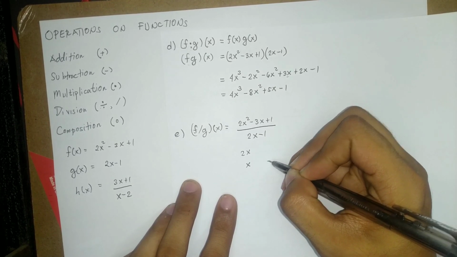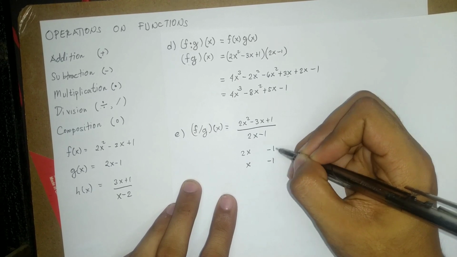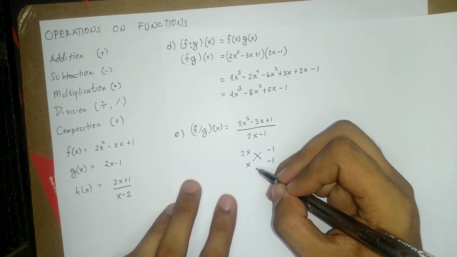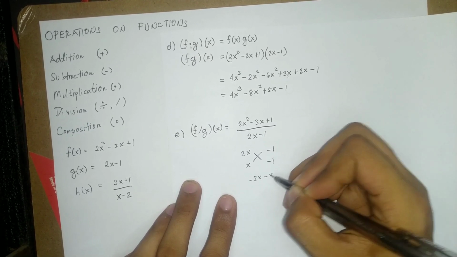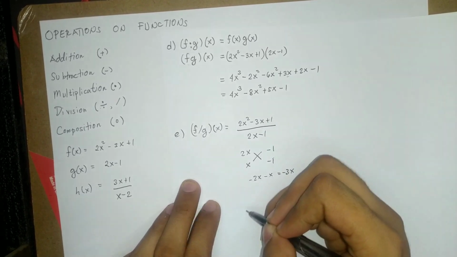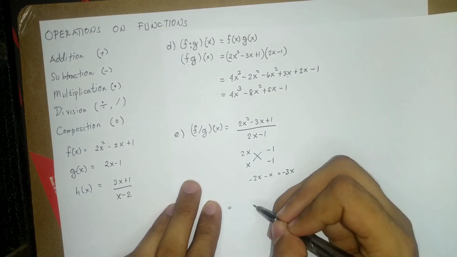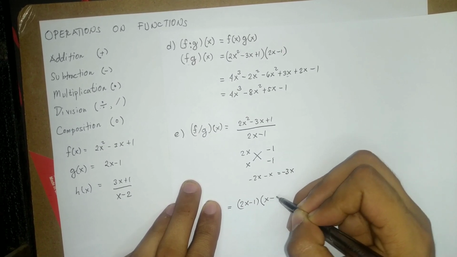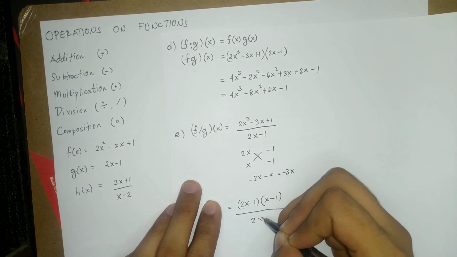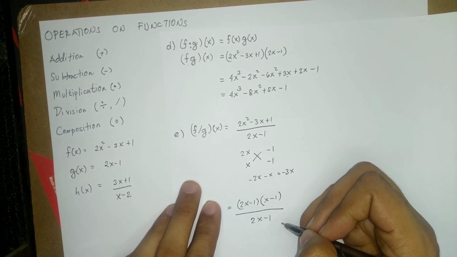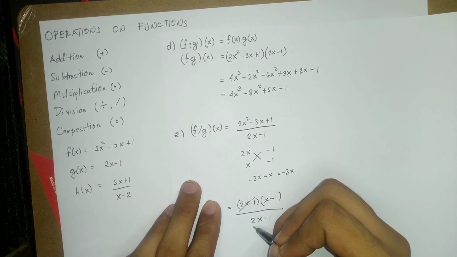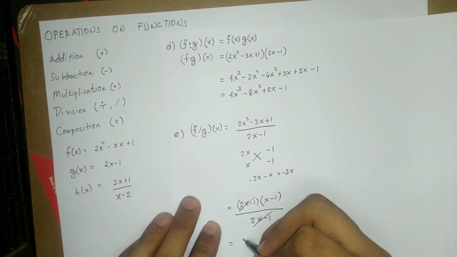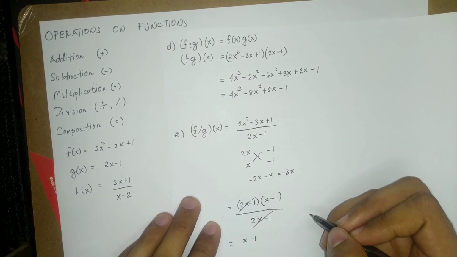So if we use minus 1 and minus 1, this would give us 1. Well, you know, it is factorable. So that is negative 2x minus x, which gives us negative 3x, our middle term. That's why we get 2x minus 1 times x minus 1 all over 2x minus 1. Now, we can cancel 2x minus 1 and 2x minus 1, giving us x minus 1 as a final answer.